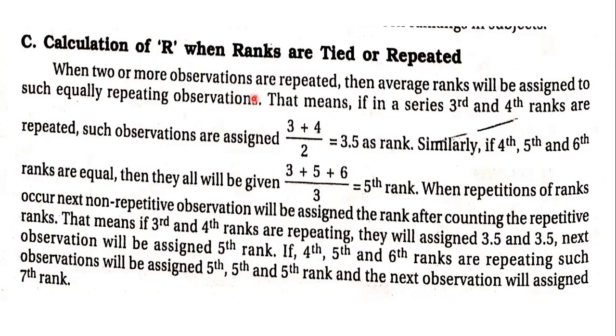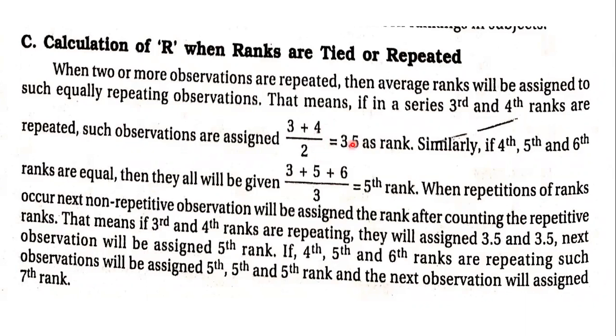Okay, that means let's understand by an example. If in a series, third and fourth ranks are repeated, let's say 3 and 3 are repeated. In such a case, in the place of third and fourth rank, we take third rank plus fourth rank divided by 2.